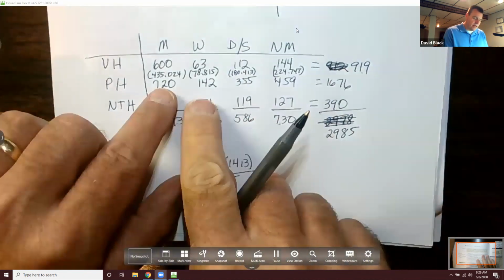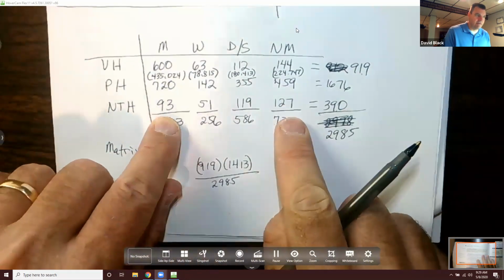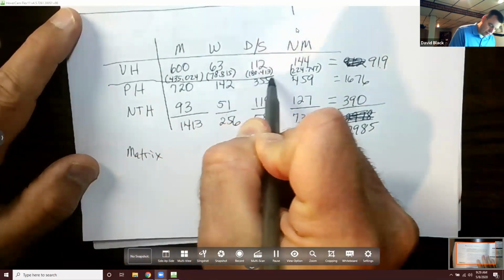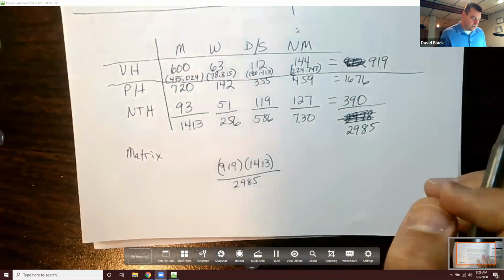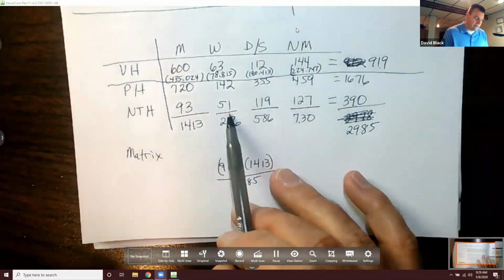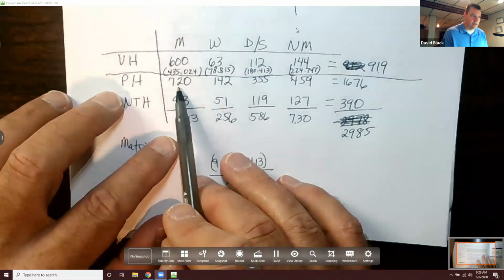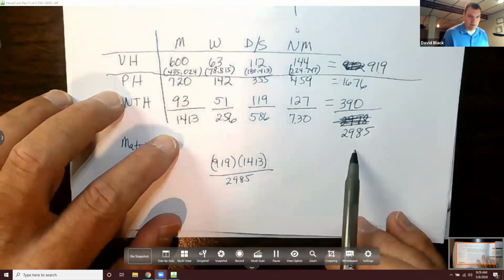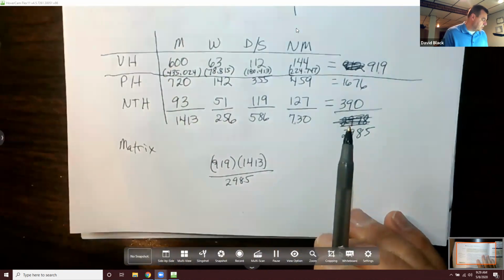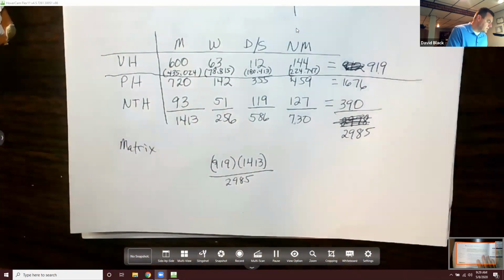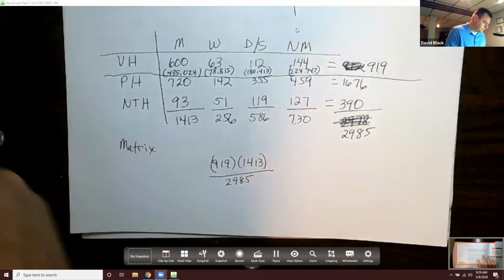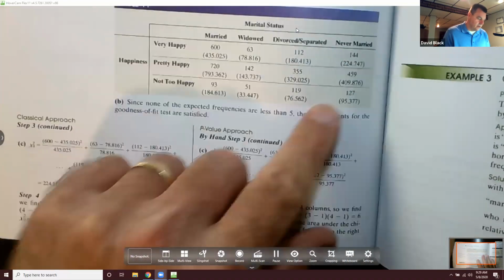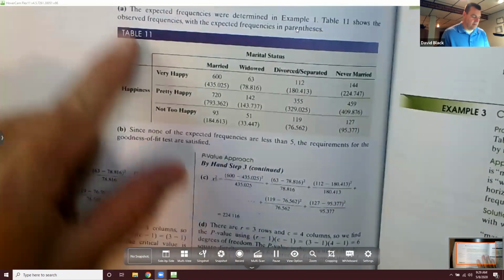Okay, and then you would do these other 8 numbers in the same exact fashion. For this 720, you would take 1676 times 1413 and divide by 2985. Now, our book has done that for us, and this table is completed in table 11 on page 604.